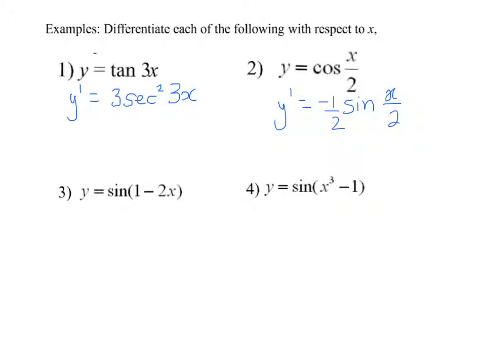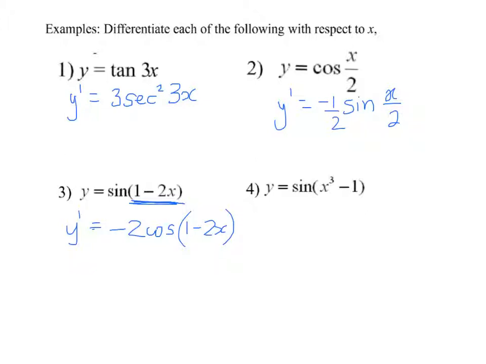Okay. Number 3 here now, there's our f of x. And the derivative of that, of 1 minus 2x, is just negative 2. Okay, the derivative of sine is cos, and we're going to keep that angle exactly the same. So our derivative is negative 2 cos of 1 minus 2x.